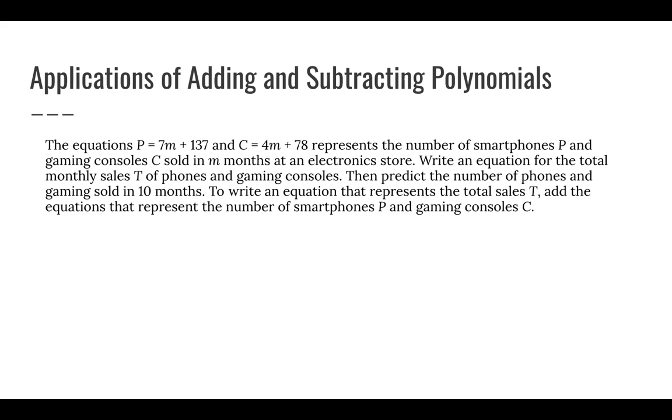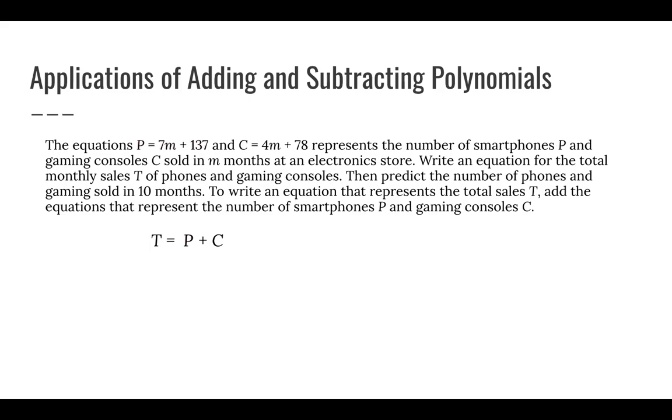To write an equation that represents the total sales t, add the equations to represent the number of smartphones p and gaming consoles c. So what this particular problem is asking us is to find the total t equal to p plus c, or in other words, phones plus gaming consoles.